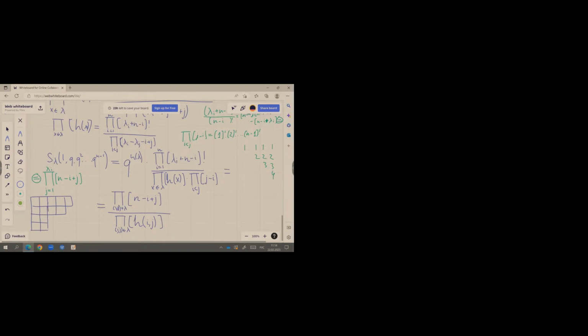So c of x is j minus i. This is like on the main diagonal we put zeros, above it we put ones, twos, threes, 4, and here we put minus 1, minus 2, minus 3.